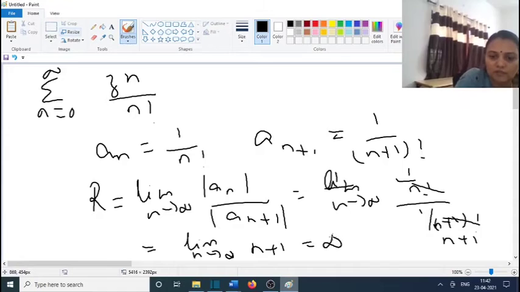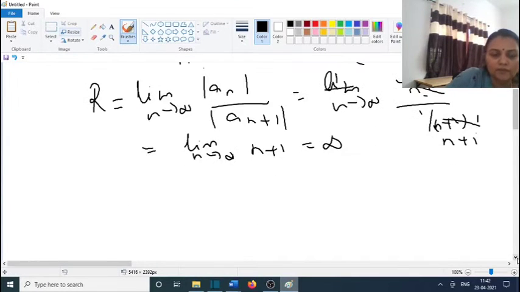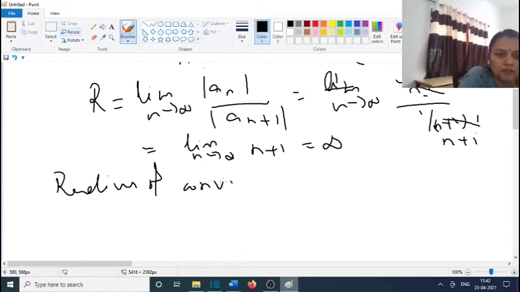So this is infinity. So the radius of convergence of the first series is infinity.